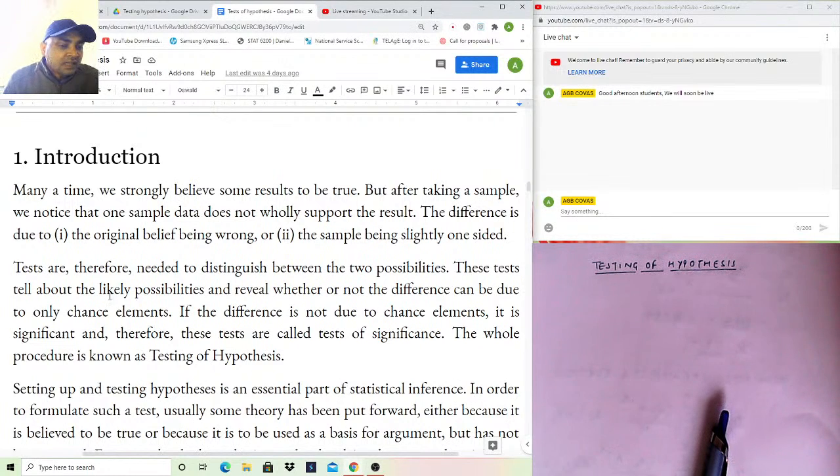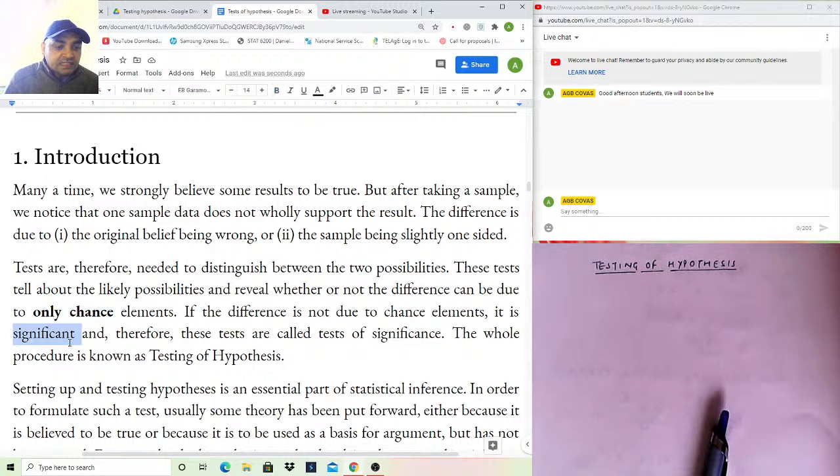Therefore, the tests are needed to distinguish between the two possibilities. These tests tell about the likely possibilities and reveal whether or not the difference can be due to only chance. If the difference is not due to chance, it is significant.